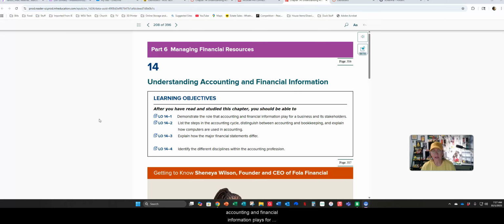Demonstrate the role that accounting and financial information plays for business and its stakeholders. Want you to look at the steps in the accounting cycle and talk about the difference between accounting and bookkeeping. Did you know there was a difference? Learn about it here. And how computers are used in accounting. I know my brother has a small business and he uses the computer all the time to help track his inventory.